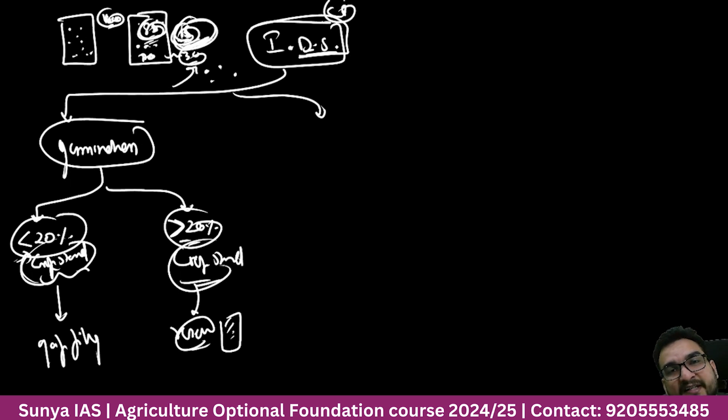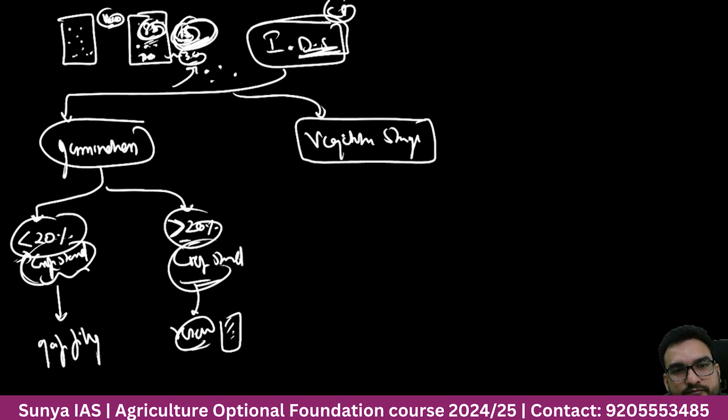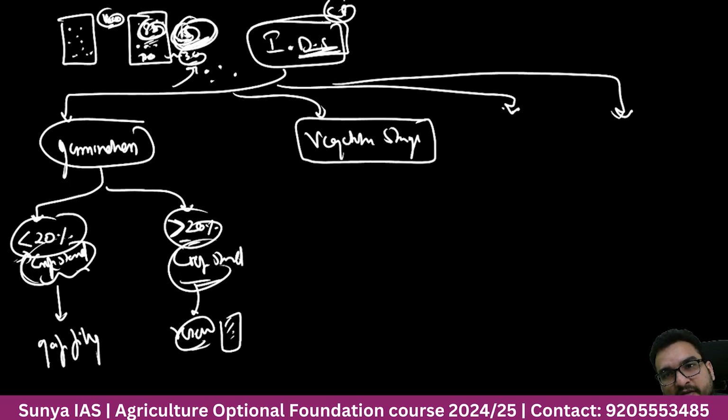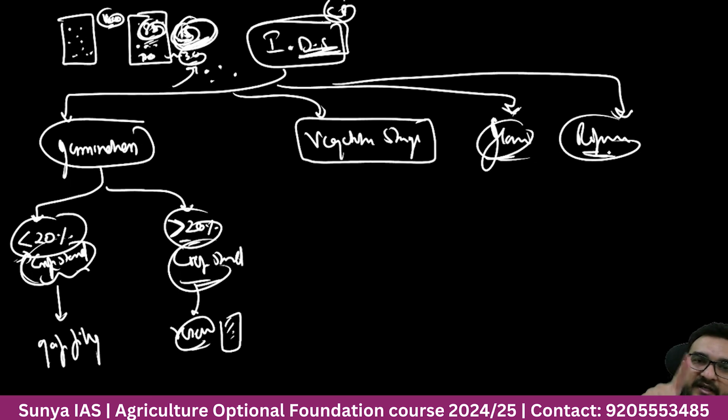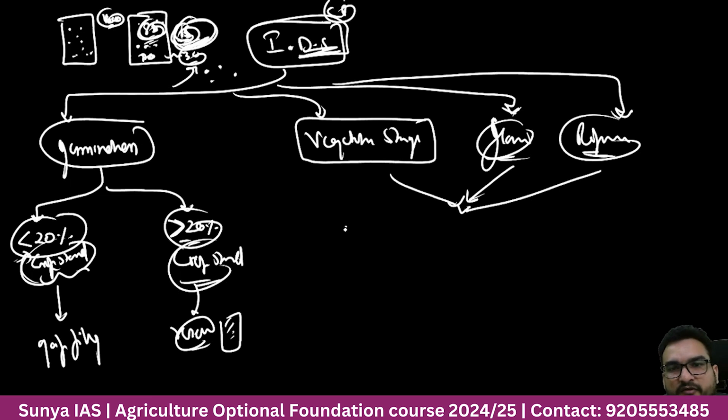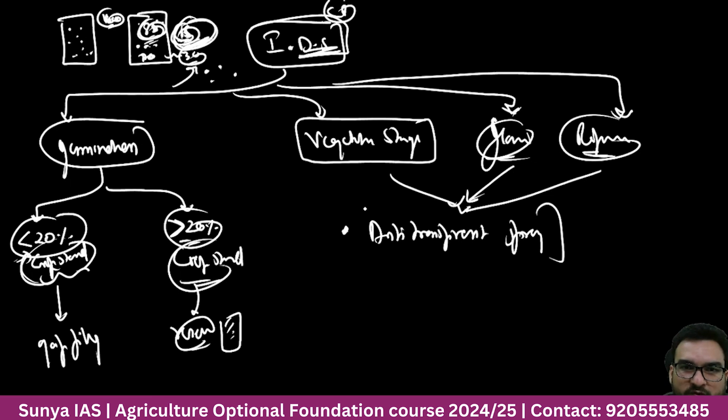What if I am getting this dry spell at the vegetative stage? You understand this vegetative stage part? Three stages are important here: vegetative stage, flowering stage, and ripening stage. Water requirement is high at these stages, and if I'm getting an intermediary dry spell, what will I do? Similar points: you will go for anti-transpirant spray to protect the moisture of the water.